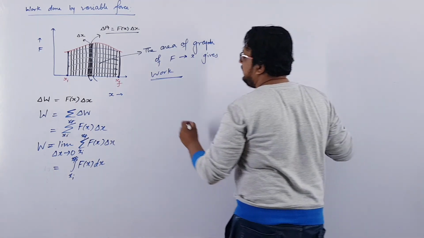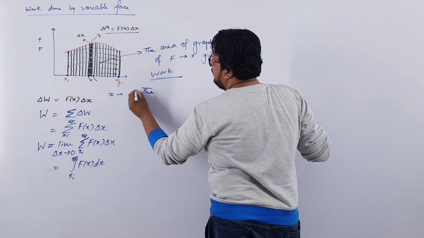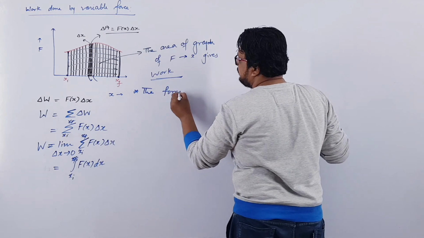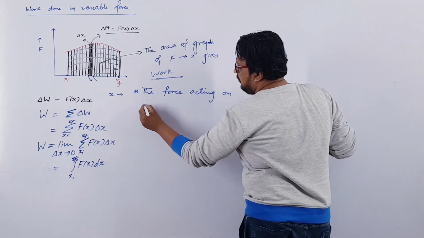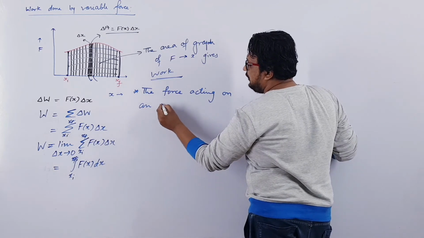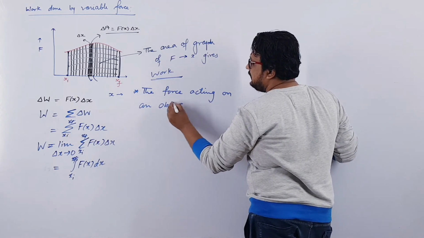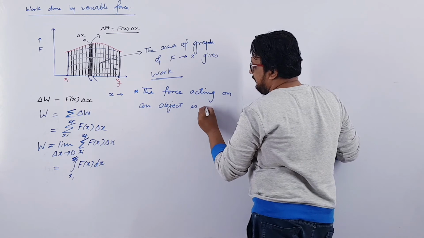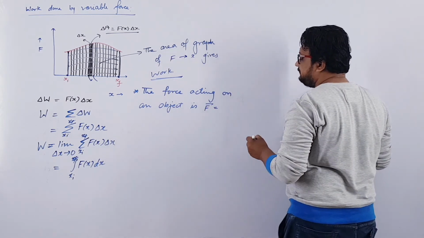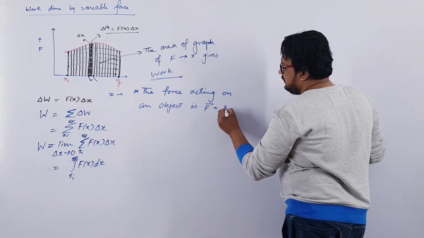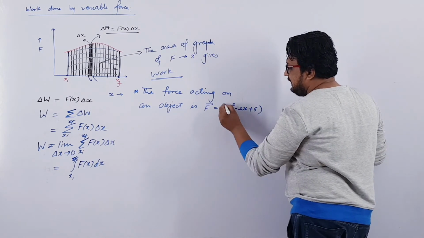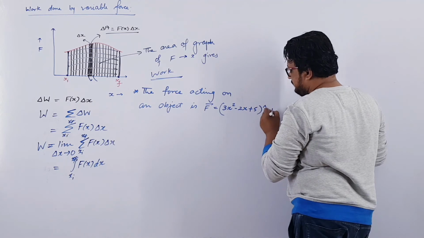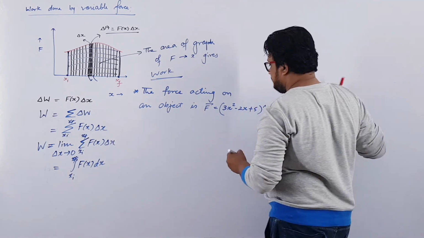Suppose it is given that the force acting on an object or on a particle is vector F equal to (3x square minus 2x plus 5) i cap Newton.